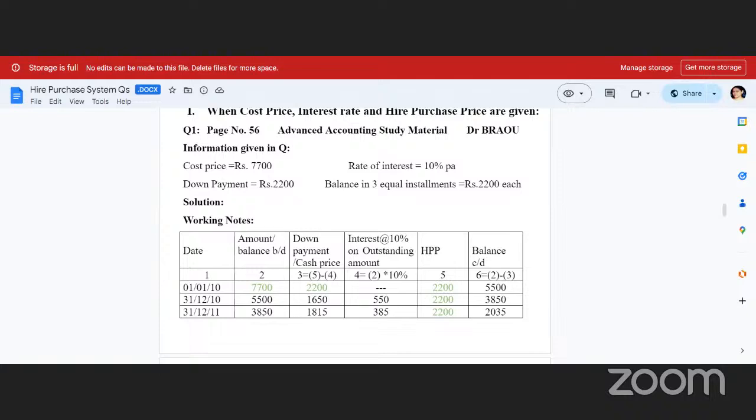Partnership accounts. Did you receive it? Yes. Right.